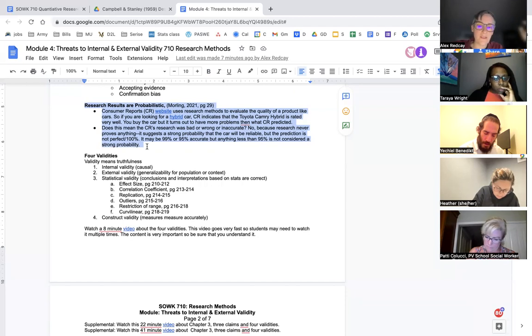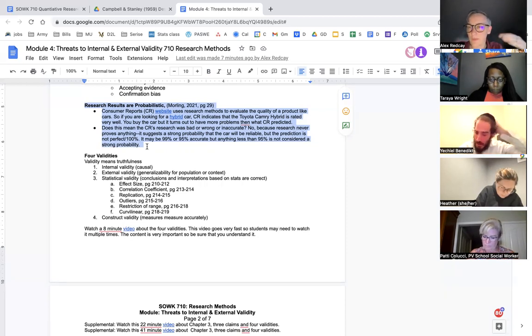What it means is that you have this p-value, which stands for the probability that the results are accurate. The threshold for p-value is 0.05. Think of it like a nickel. So if the p-value is 0.05, what that means is that the researchers think that there is a 5% chance that a mistake could have happened in the research and the results are not accurate, that there was a mistake made somewhere.